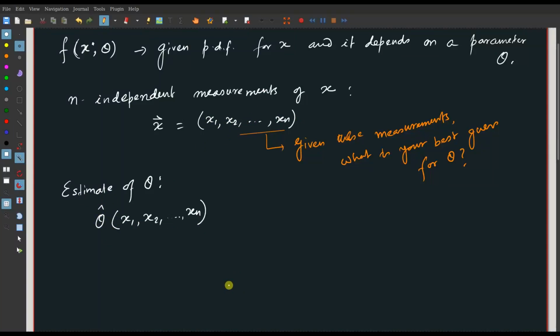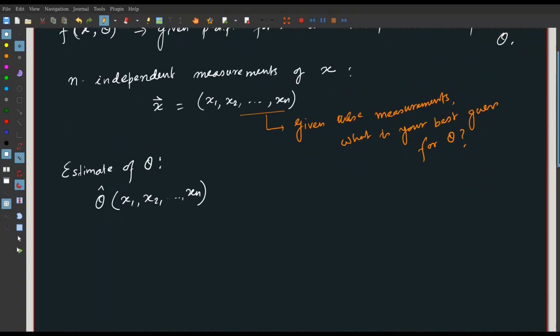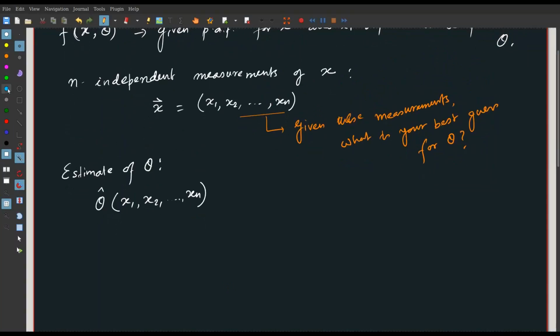So remember what I told you: this x has a distribution, f of x given theta. Here is x, and suppose this is my f(x; theta).